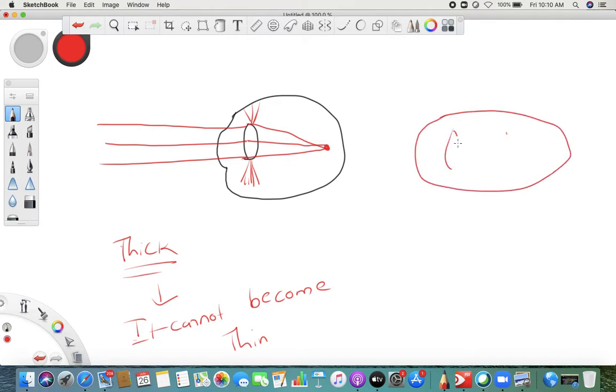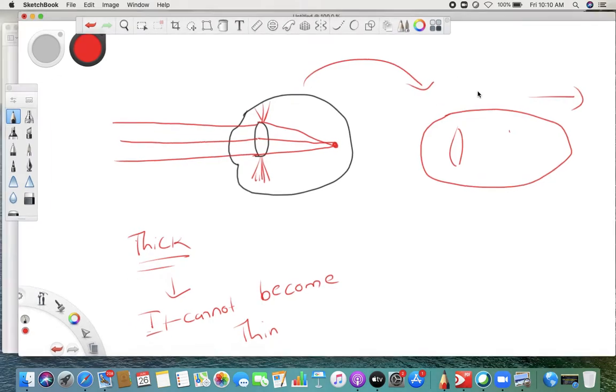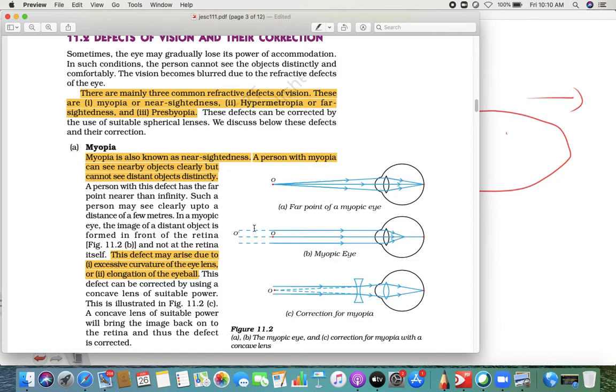So your lens is working properly, but your screen, the retina, will move far. This is called elongation of the eyeball. So excessive curvature means your eye lens will become thick and will not become thin, and elongation of the eyeball means your screen will move a little far.